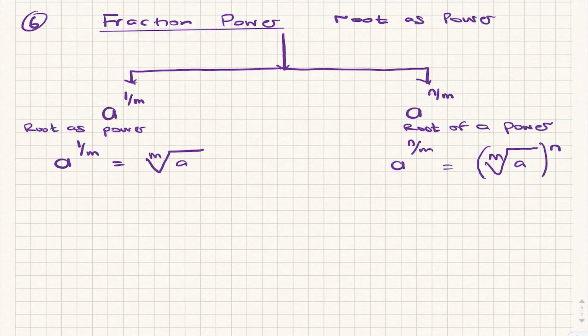An example is a to the power 1 over m equals the m-th root of a. Now, the second one is a to the power of n over m. That's root of a power. So that will be a to the power of n over m equals the m-th root of a, all powered by n.